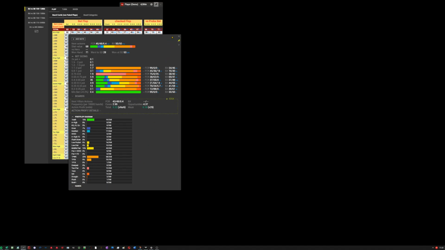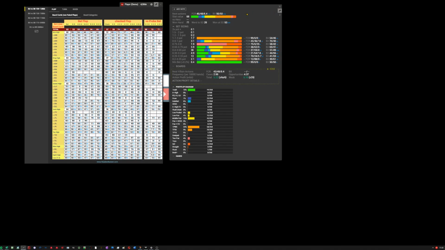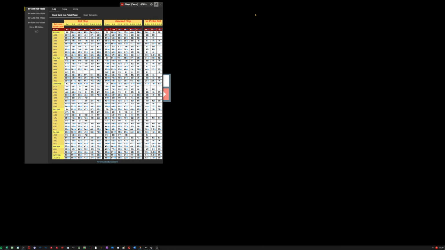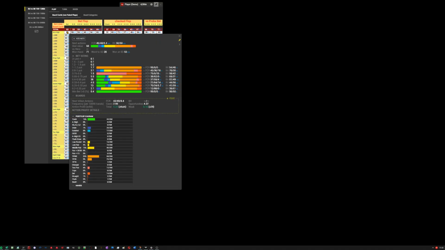So this allows you to dive way deeper into the whole frequencies here. Depending on your Hand2Note settings, you either have to click or hover on a statistic, and then it's popping up a pop-up like this here.